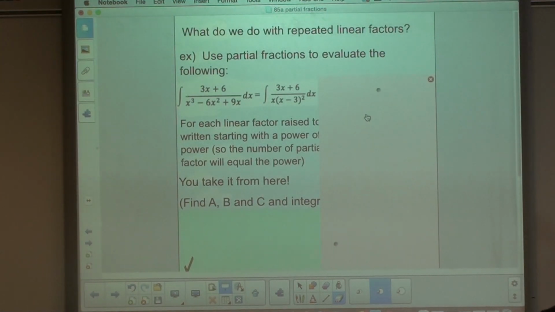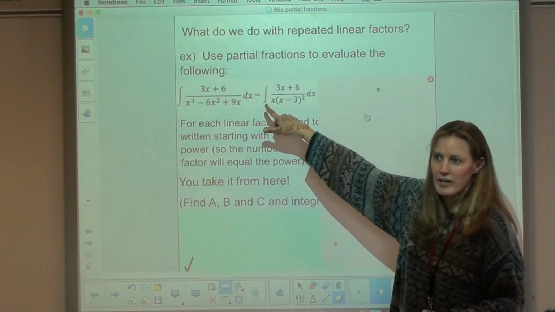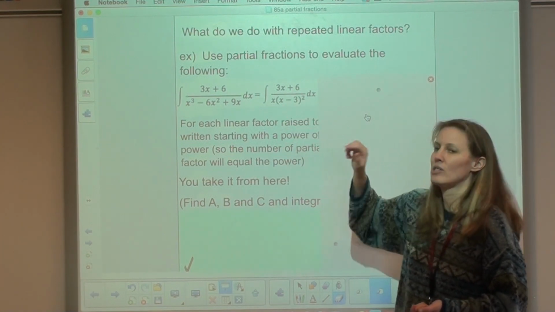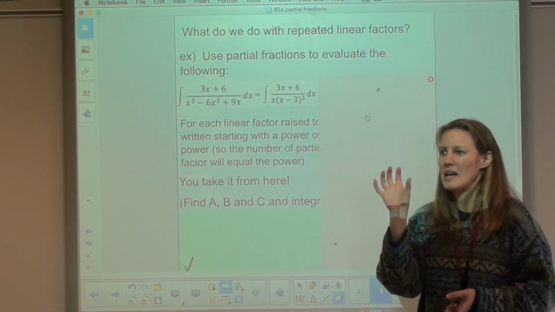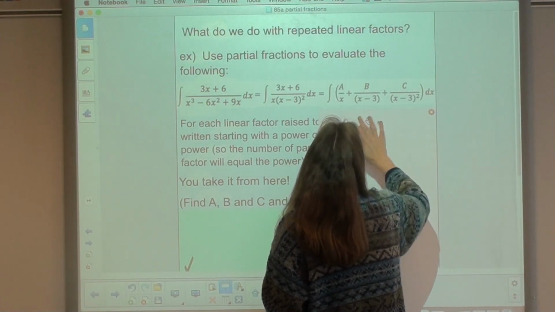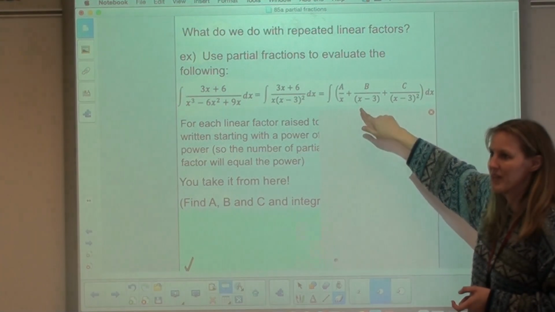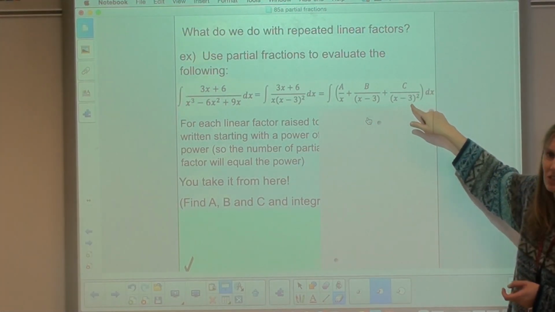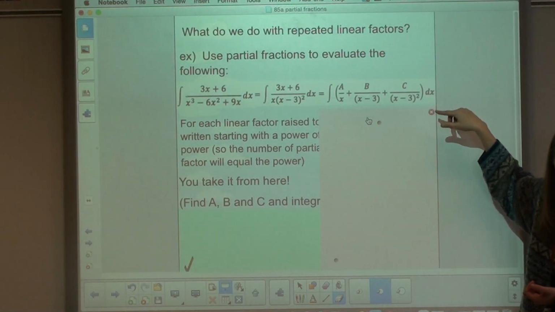You have to write a fraction for each degree of the factor, meaning that there will be a fraction for the x, that's fine, but then there will be two fractions for the x minus 3. It's not exactly how you think. It's not like an x minus 3 and another x minus 3. So you write a fraction for the x, a fraction for the first degree of the x minus 3, and a fraction for the second degree of the x minus 3. If it was cubed, you'd have a fraction for the third degree of the x minus 3, and you would keep going.